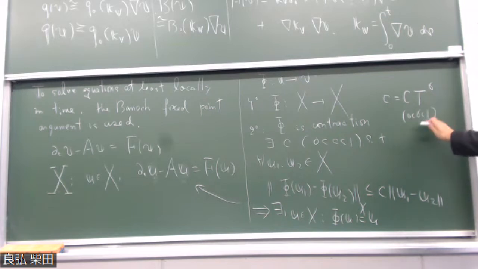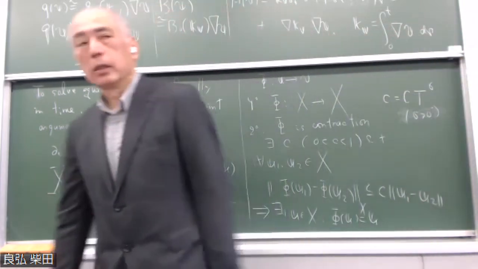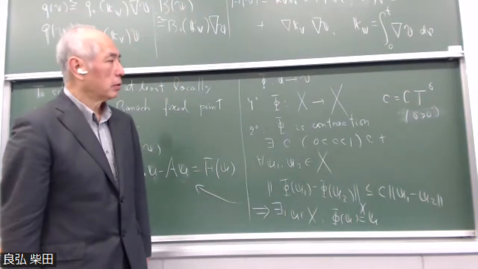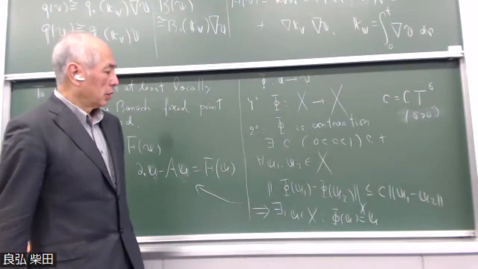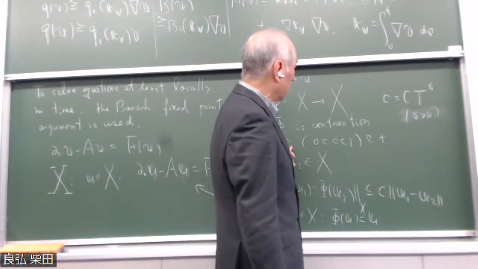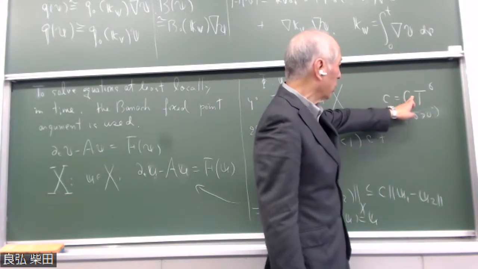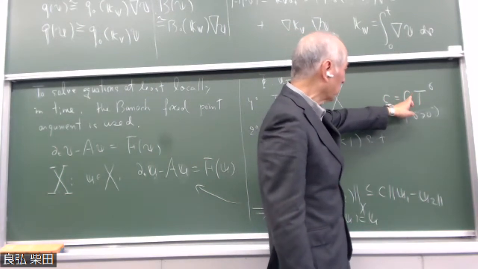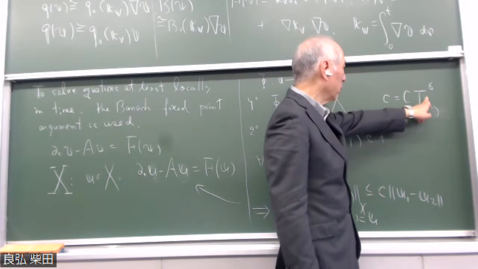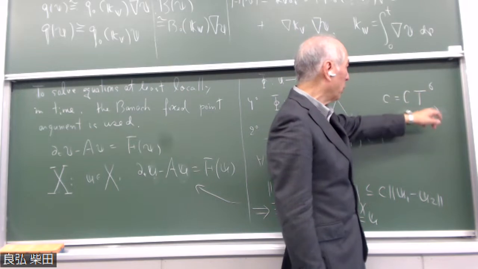In the time dependent problem case, this constant is usually independent of time T, times T to the power sigma, where sigma is a positive power.